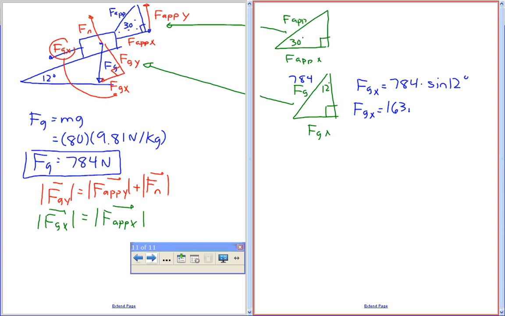163 newtons. What direction would that be? What's the direction for that going to be? Parallel, you could say, I might even say down the ramp. Because FGX is heading down in this direction, I'm going to call that down the ramp.